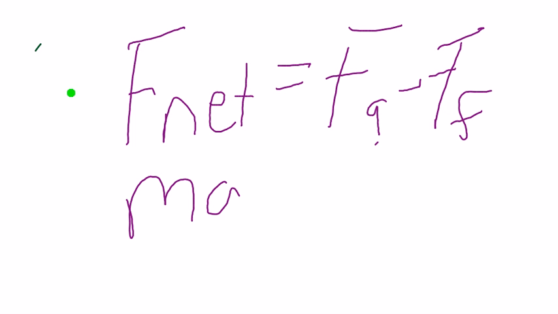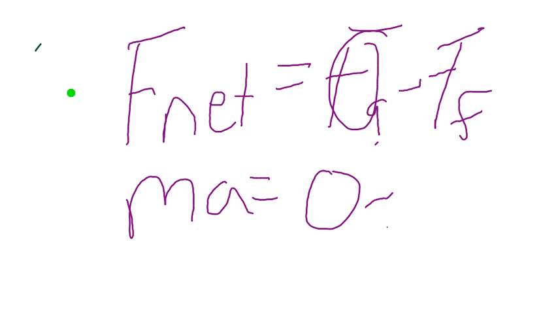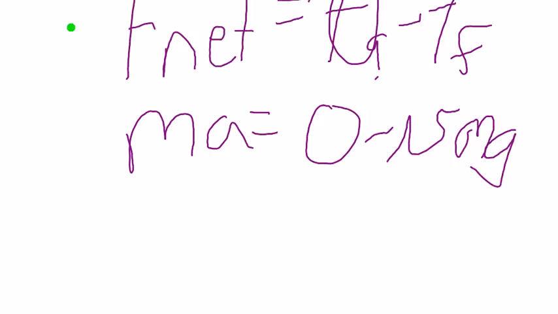As we go down, we use the same formula again, which will also be ma equals 0, force applied is 0, minus coefficient of friction, mass times gravity.